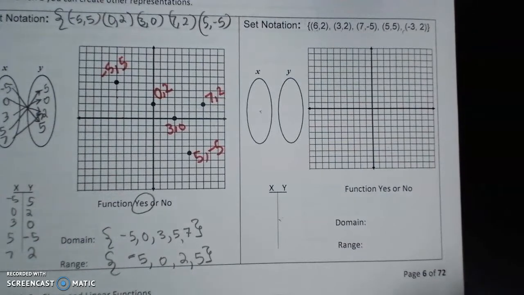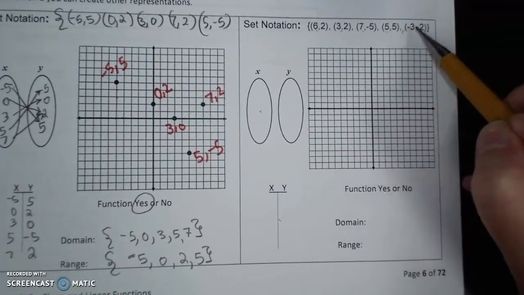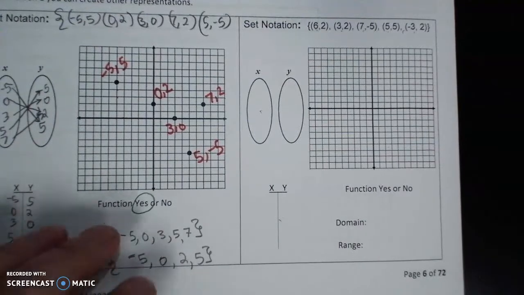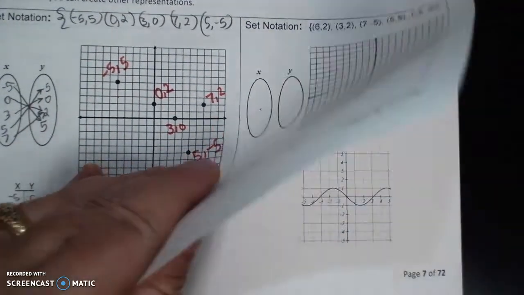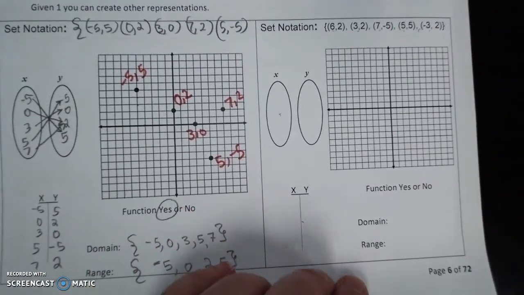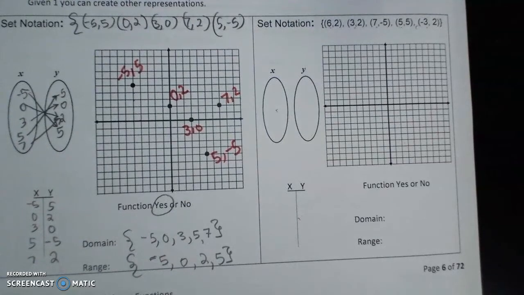It is a function. None of my x's are repeated. My domain would be 6, 3, 7, 5, and -3, which is my x values. And we're going to stop there, and we're going to practice a couple of problems in the next video.